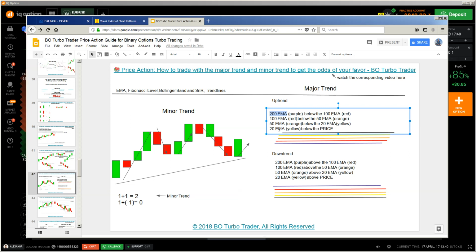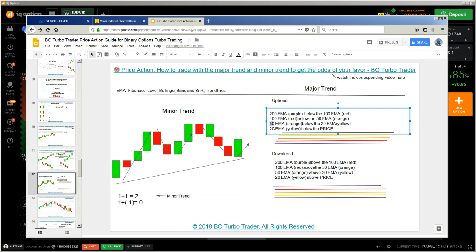And so if you are looking for trend identification, you can use the 20 and the 50 EMA. The 20 is almost half an hour, 20 minutes, and the 50 is almost 1 hour.